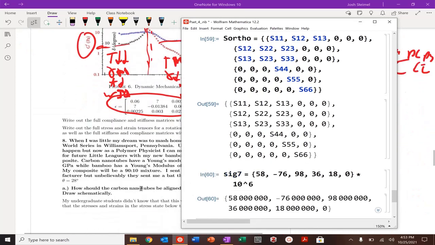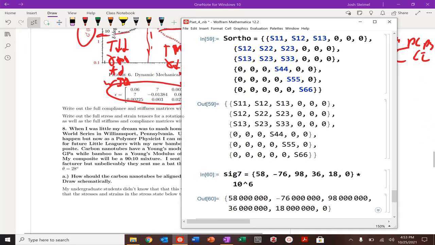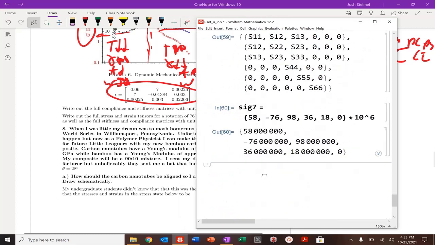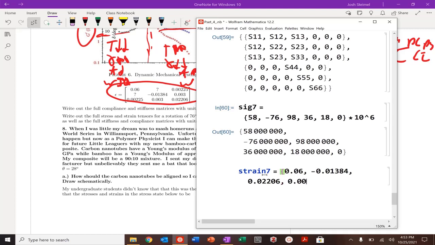I need to be careful here because I'm given the values in tensor notation. So strain 7 is equal to 0.06, minus 0.01384, 0.02206. And now for the 2, 3, 0.003 times 2, because I need to work with engineering shear strain, 0.00225 times 2, and then this is my unknown, epsilon 12, or gamma 12.